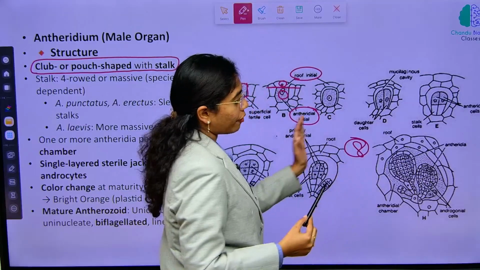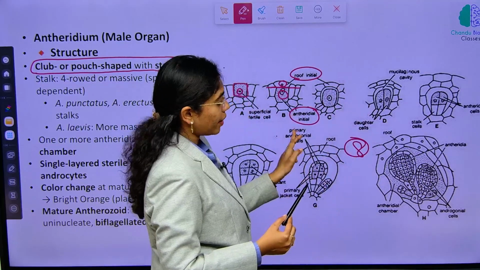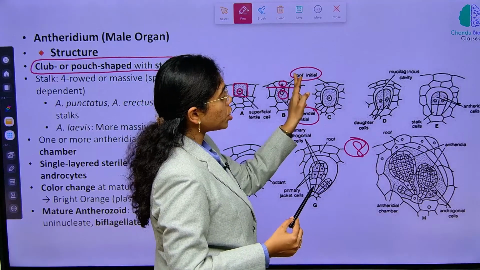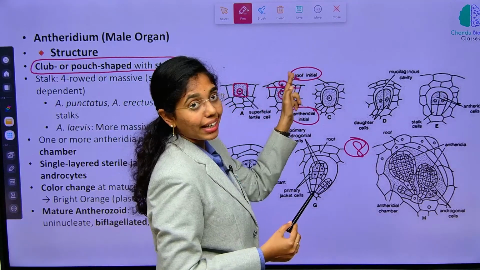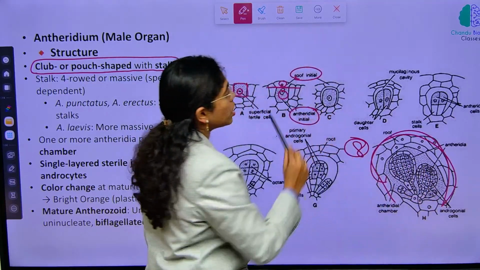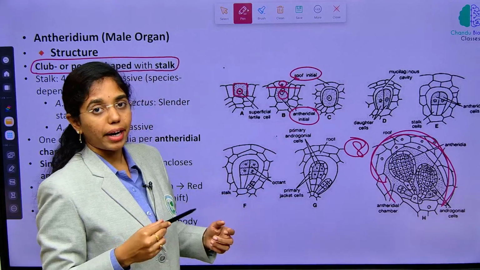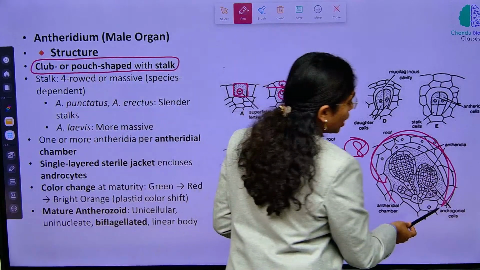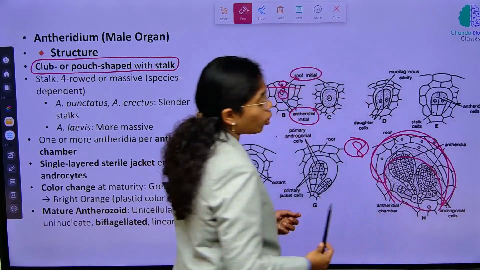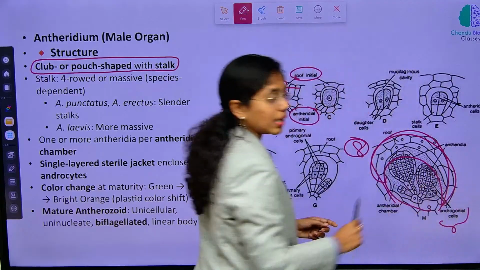Later, after complete anticlinal and periclinal divisions of the antheridial initial and roof initial, it will undergo both anticlinal and periclinal division, forming a jacket layer. Roof initial will form what? Jacket layer. Antheridial initial, after undergoing mitotic divisions, forms a tissue of androgonial chambers which contain androgonial cells. Clear, right?